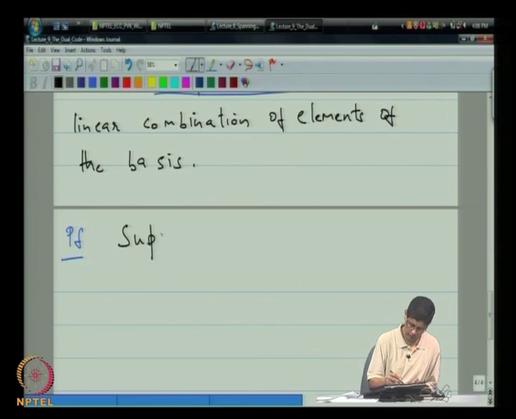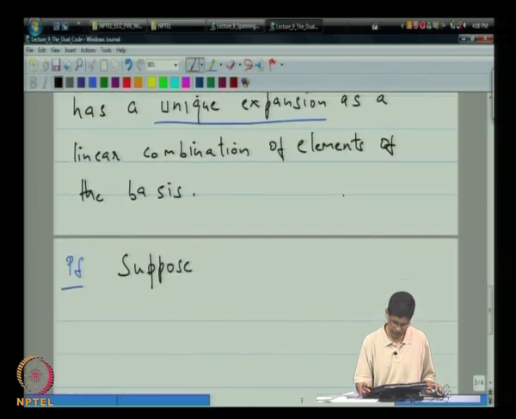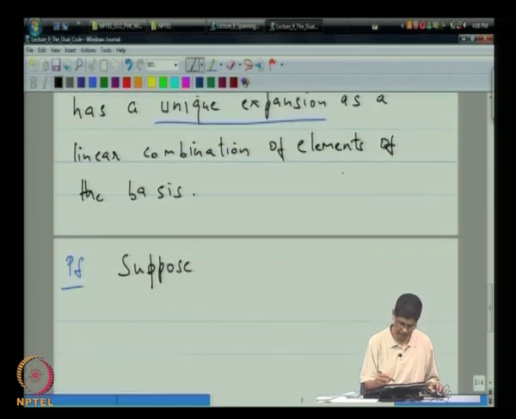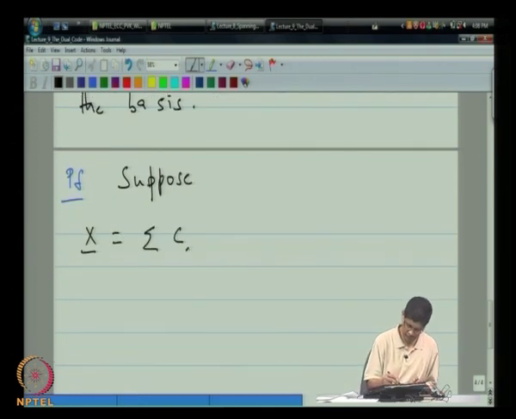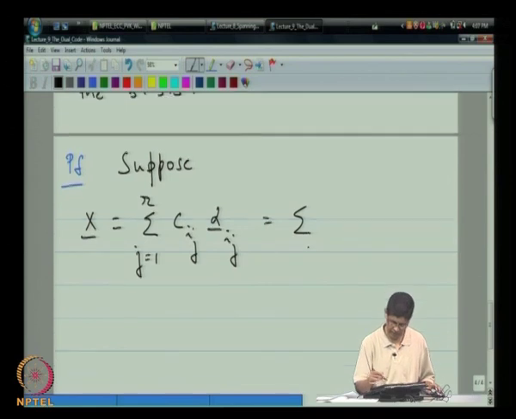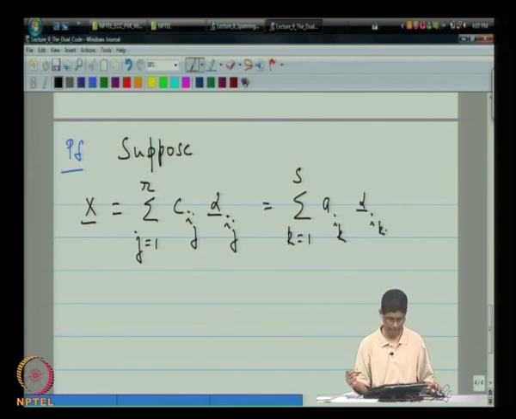Suppose you have a vector x which on the one hand is the sum over j equal to 1 to r of c_{i_j} alpha_{i_j}, and it is also given by, let us say, the sum over k equal to 1 to s of a_{i_k} alpha_{i_k}.